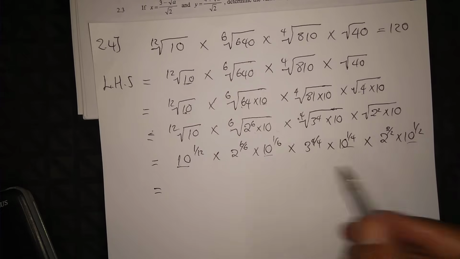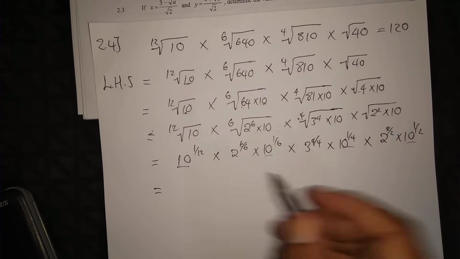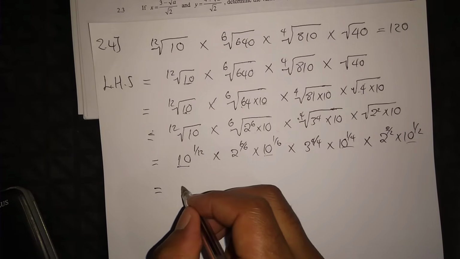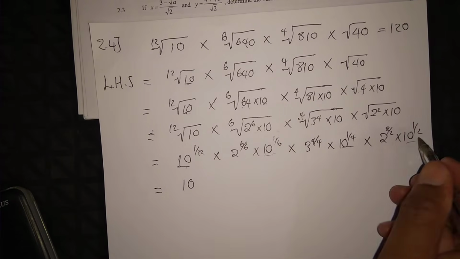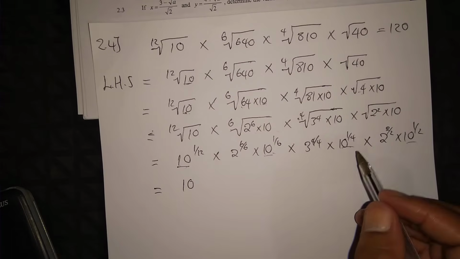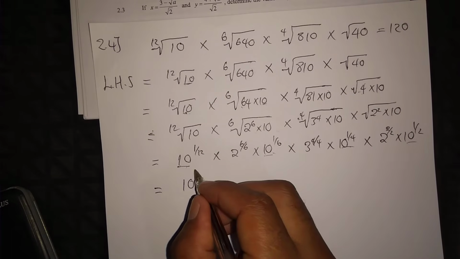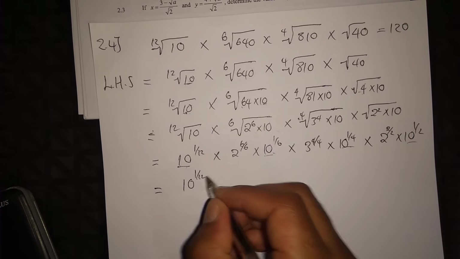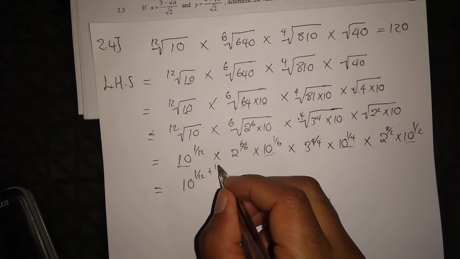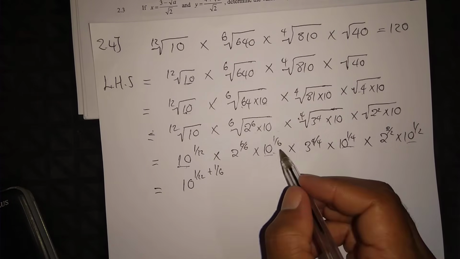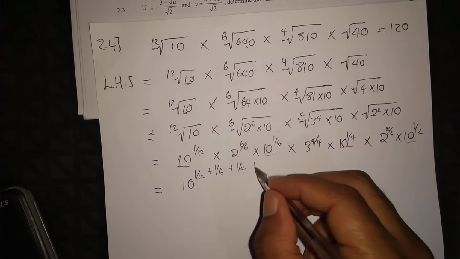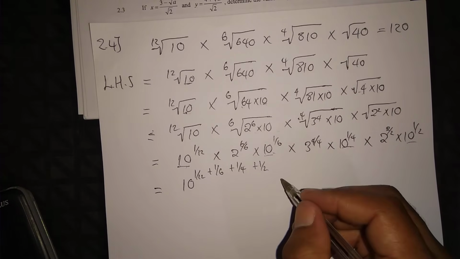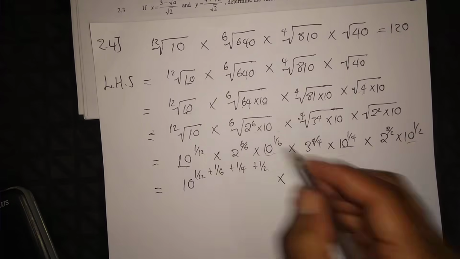The exponents. So therefore, with 10 multiplying powers of the same base, I add the exponents. So it will be 10 exponent 1 over 12 plus 1 over 6 plus 1 over 4 plus 1 over 2, times 2.